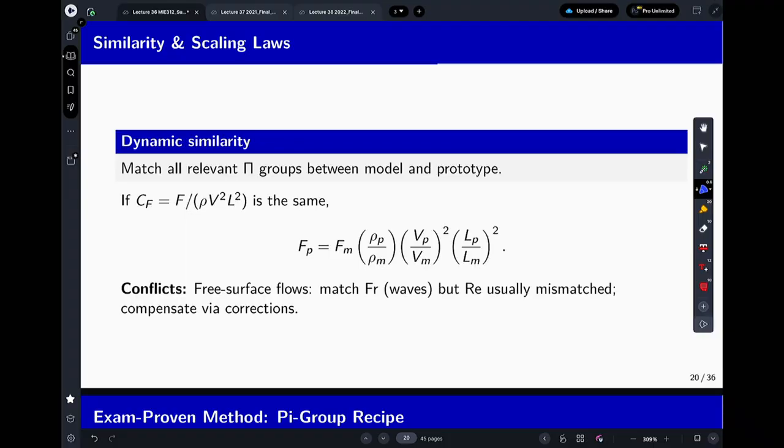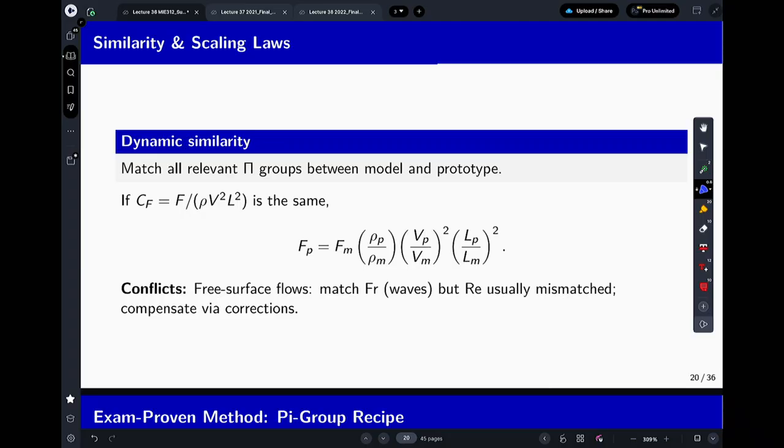So you can do this if you want to match all of your relevant pi groups. And we talked a lot about this issue where ideally I would live in a world where I could afford to run the same experiment at the same Froude number, same Reynolds number, and everything else. In addition to all of the issues that would probably arise from that, the costs would be completely crazy.